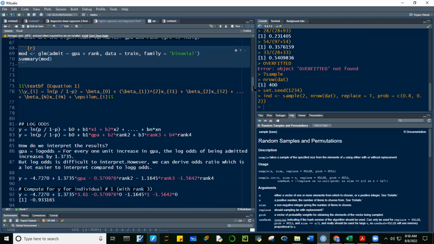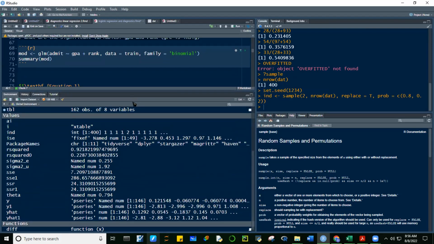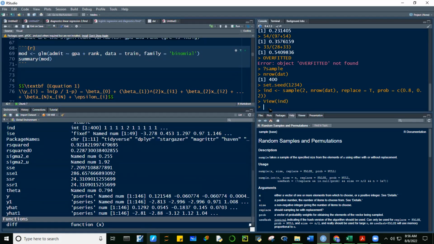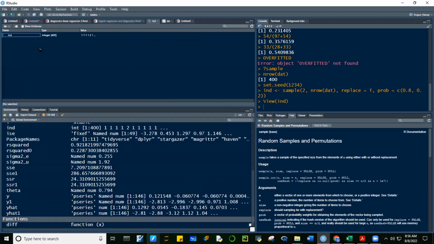So let's take a look at the ind object. Dapat nagka-ind object kayo, no? I-run nga natin tong ind na to. Okay, view ind. So it's an integer containing 400. Dito na lang.